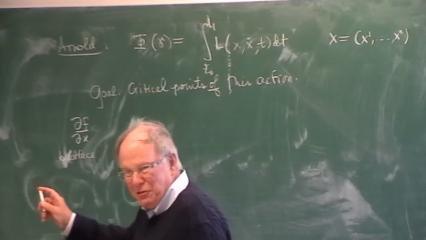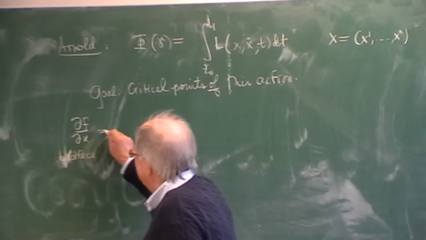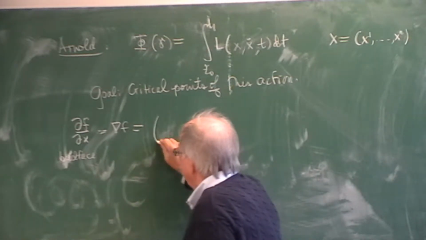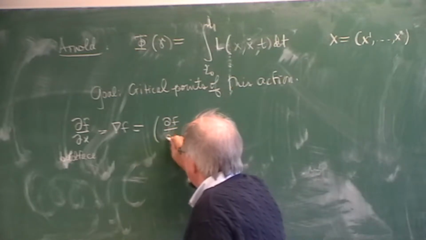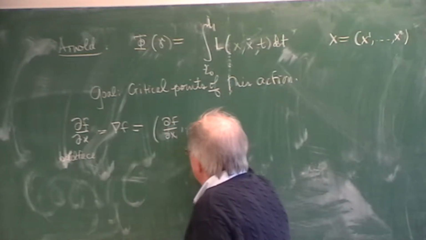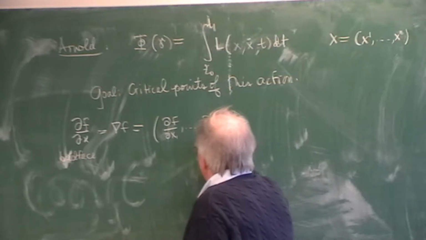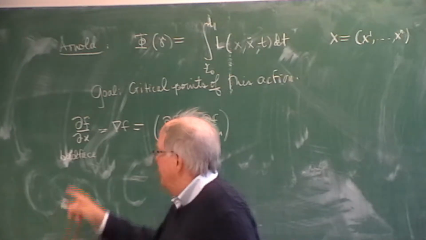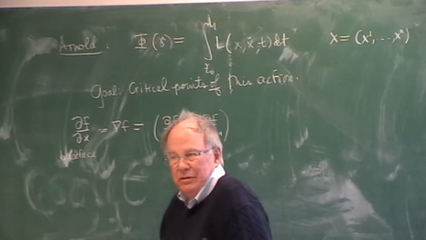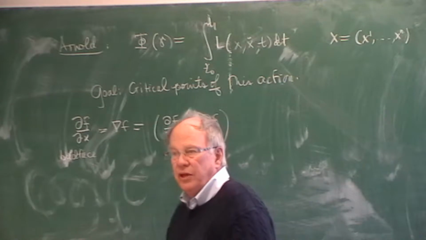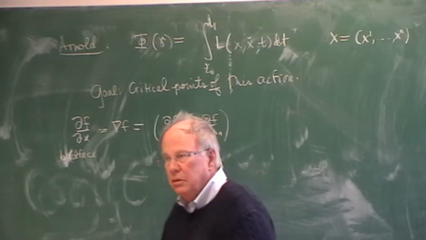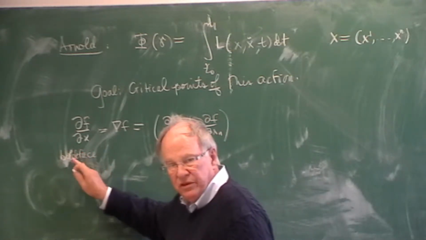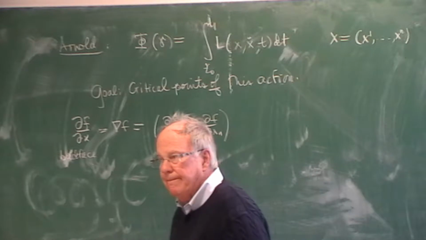And one of the reasons was notation. This means gradient, and of course that is completely correct. This derivative is the full derivative, the derivative of f, not the differential, but just the derivative. So if you read Arnold, you will see in boldface, this thing is the gradient. Okay?